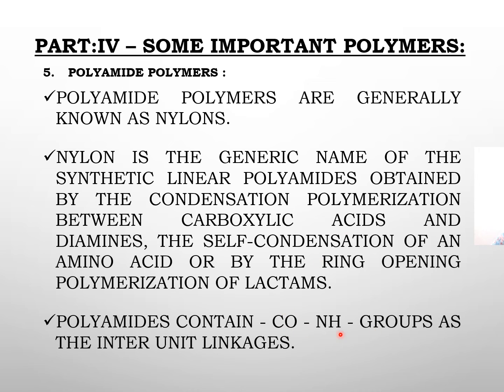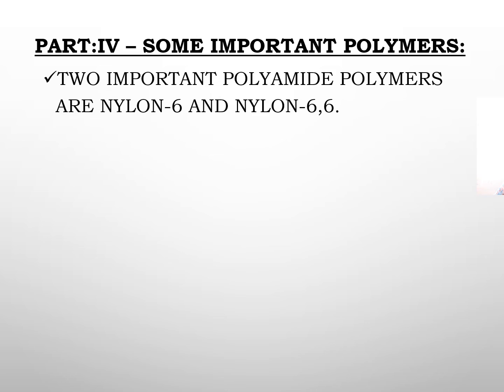Polyamides basically contain the CONH linkage between the units. Two important types of polyamide polymers are nylon 6 and nylon 6,6.